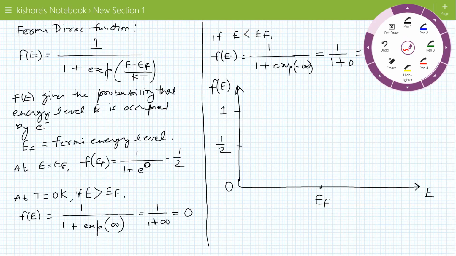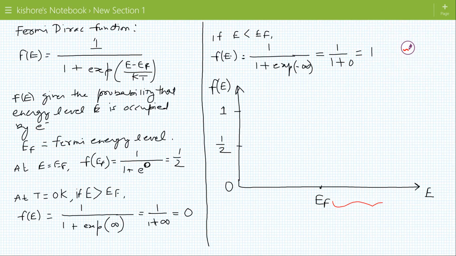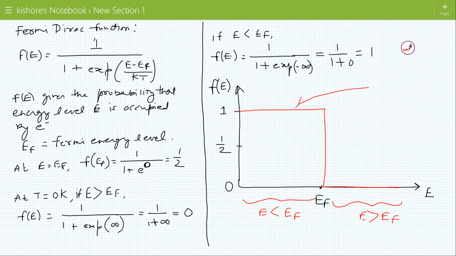First portion is where E is greater than EF, and second portion where E is less than EF. So if energy is less than EF, then Fermi-Dirac function is 1, and if energy is greater than EF, then Fermi-Dirac function is 0. So this is the Fermi-Dirac function at absolute temperature.